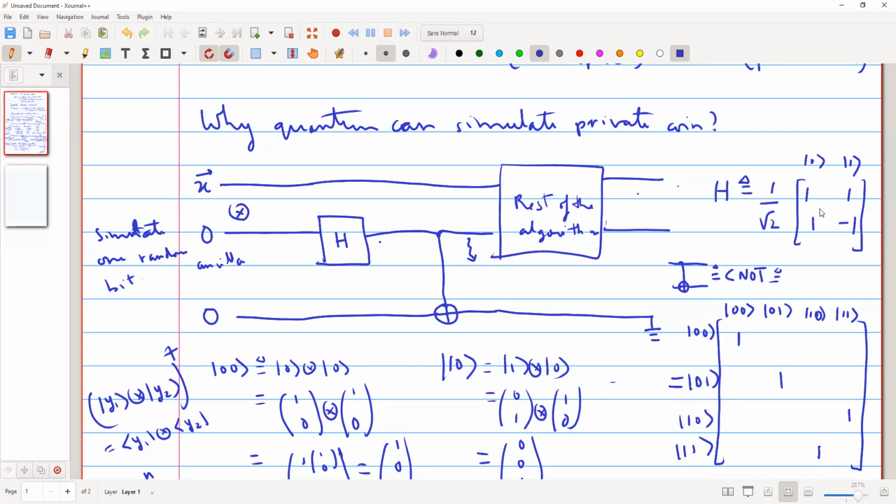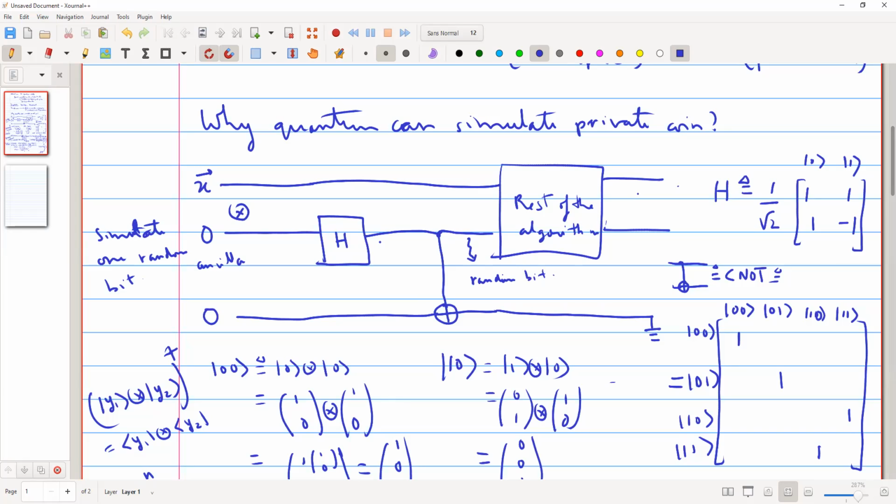But there's a difference between randomness and superposition. Right now, this is a superposition, really a sum of two vectors in the Hilbert space. If I did not add the second zero and do the control not, then I could not have said that this is a random bit. It would have been a quantum bit. Right now this is a random bit.